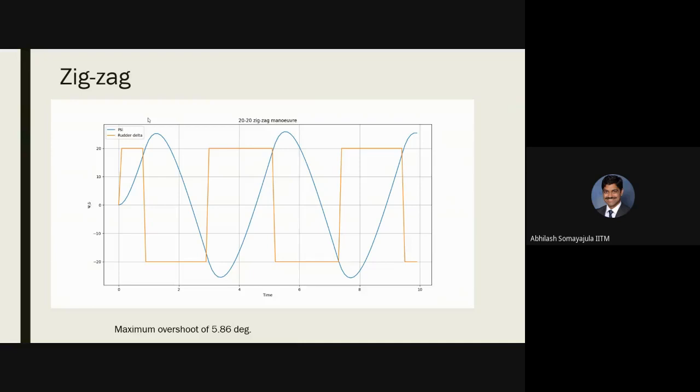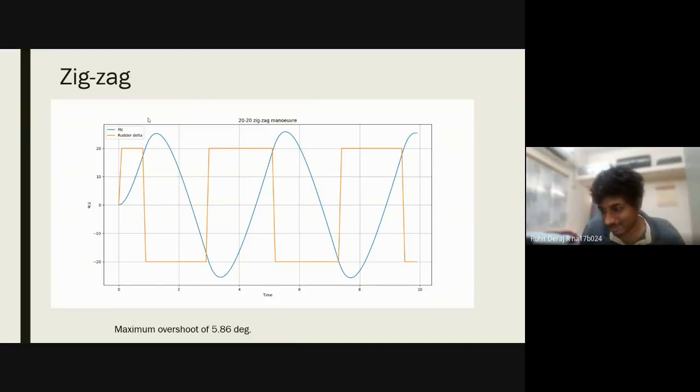I'm surprised that nobody else is asking this question, so I'm going to ask it. Tell me, what is the zigzag maneuver? In the start, you give a hard rudder to either port or starboard, at a particular delta value, delta naught, and you wait for the ship to turn and its heading angle to reach a specific value, say psi naught.